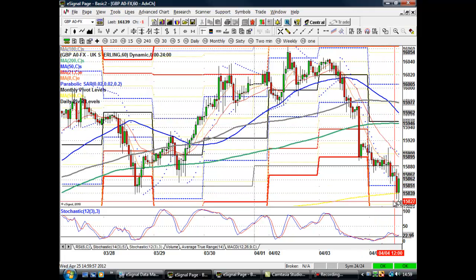Now, the entry that I'm using is to enter on the pivot level itself. That's what I'm backtesting for. There are obviously other ways you can do it, and I'm going to mention a couple of those in another video. But my entry is going to be on the pivot level here. So at this point, I would enter at 15850 or thereabouts.